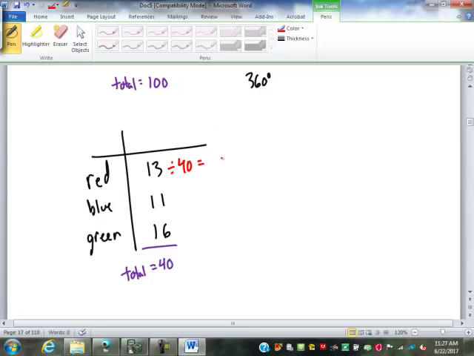What's 13 divided by 40? 0.325. Perfect. That is 32.5%. Decimal goes over 2 spots. We'll explain why you had to move the decimal over the next few days, by the way. 11 divided by 40.